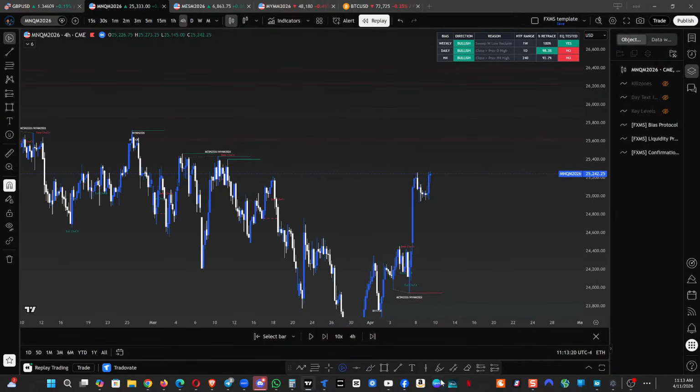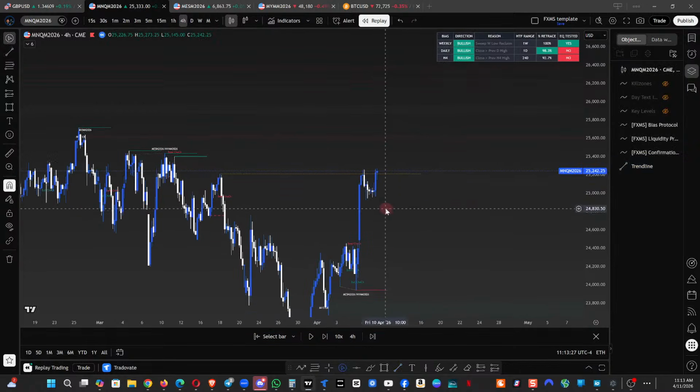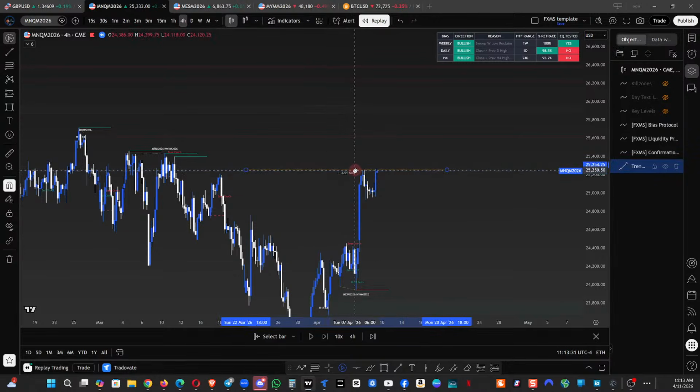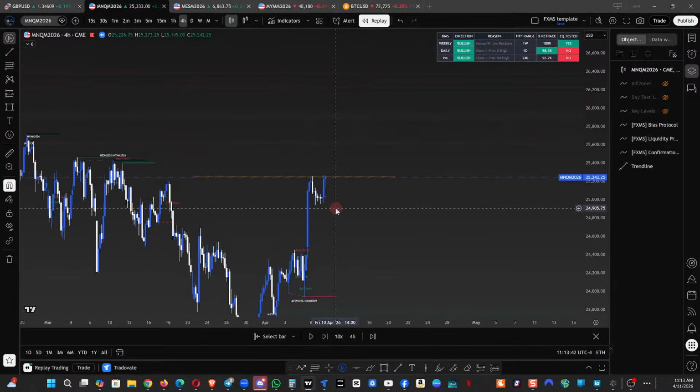So now I want you to take a look at all these highs that we've taken out here. We've got this high that we took out here, and then this high over here that we took out as well, and now closing under. We do have a lot of liquidity sitting up here above these equal highs and even above here that we could go for later. But we just took out this level up here.